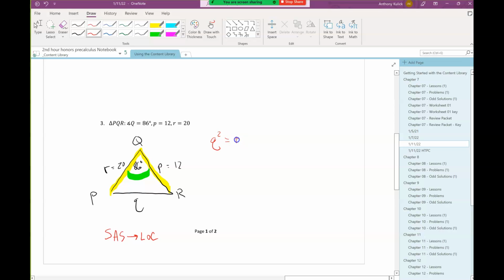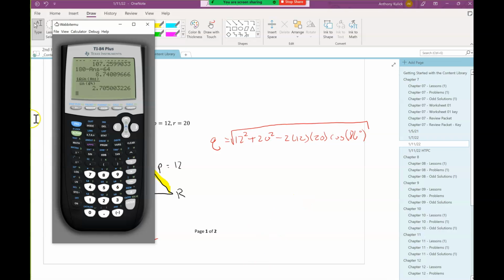Q squared is equal to P squared plus R squared minus 2PR times cosine of Q. But I don't want Q squared, I want Q, so I'll just square root both sides. Then I'll type all that into my calculator.